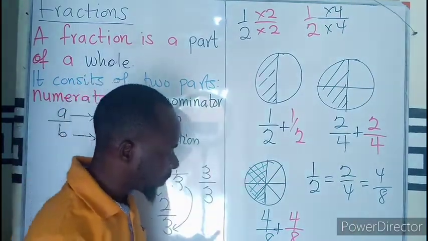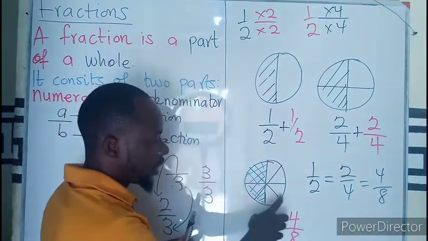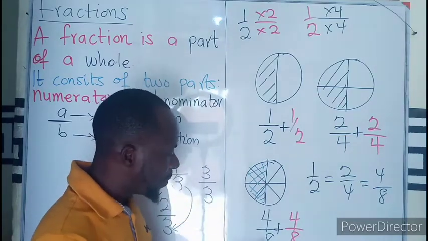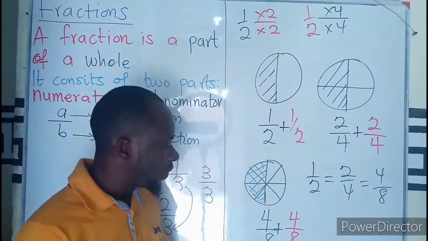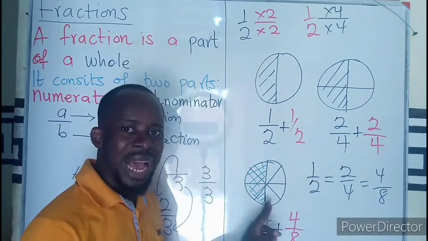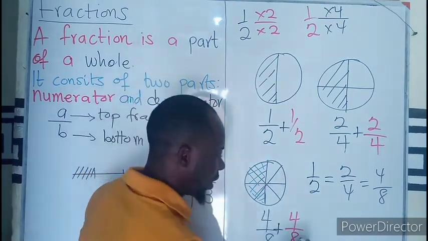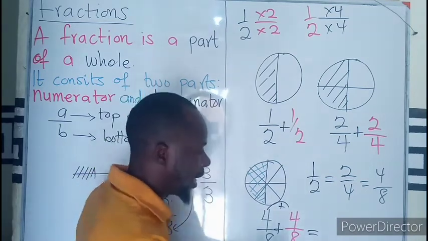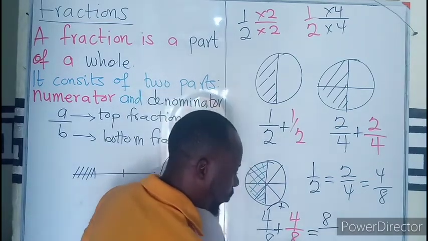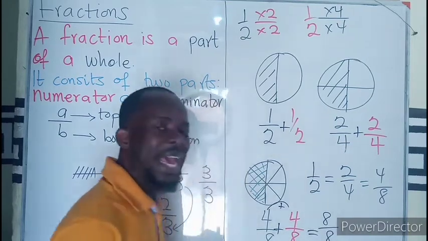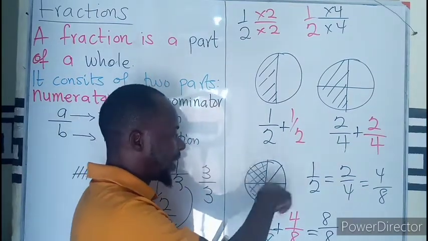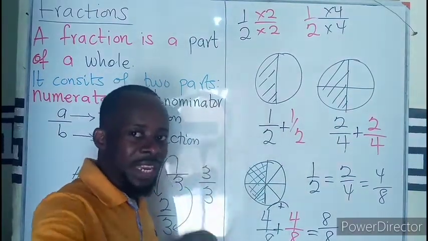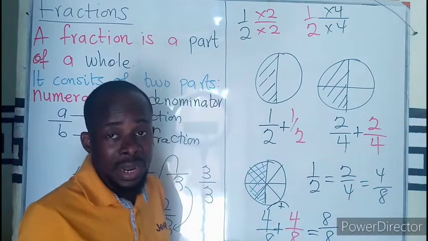So let's check. How will I get this? In fractions that have the same denominator, we consider only the numerator, as in we add only the numerator. So this is going to be 4 plus 4, and that will give me 8. We pick one of the denominators, 8. Meaning we divide the thing into 8 parts, we have taken 8. Which means I'm just taking the whole thing.